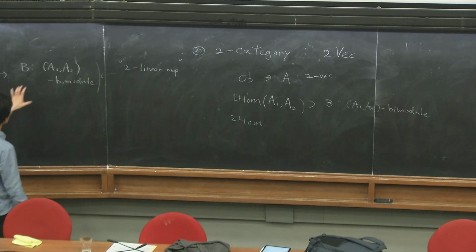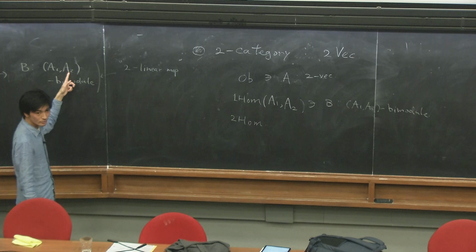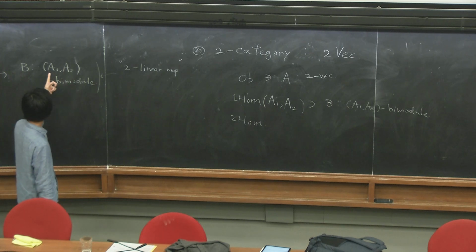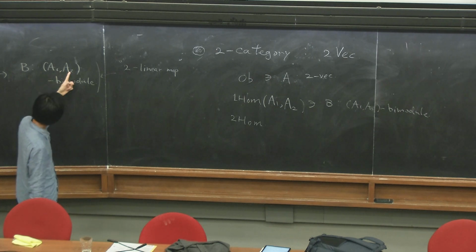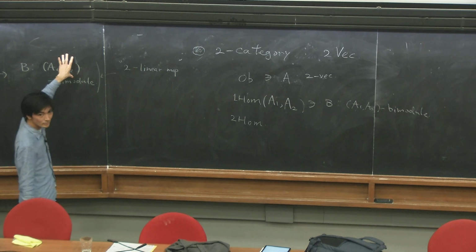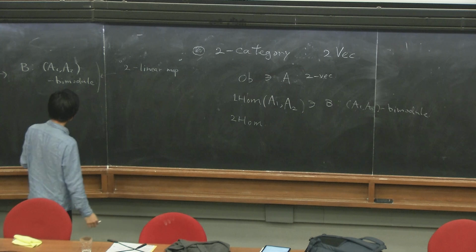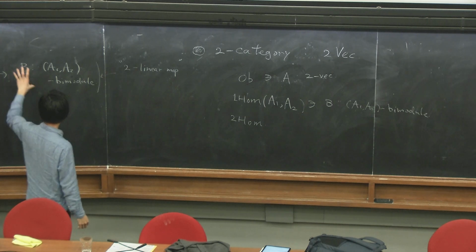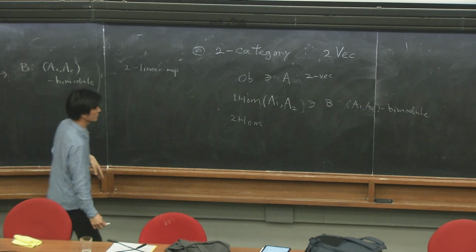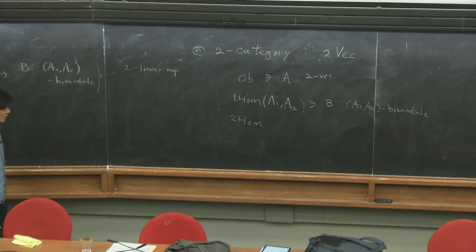I re-emphasize that this is not really a map from A1 to A2. If you have an algebra homomorphism from A1 to A2, then you can make it a bimodule by taking B to be A2 itself, and the A1 action is via that homomorphism. But in general this is a more general version of a map, and that's what typically happens in this kind of higher category business.